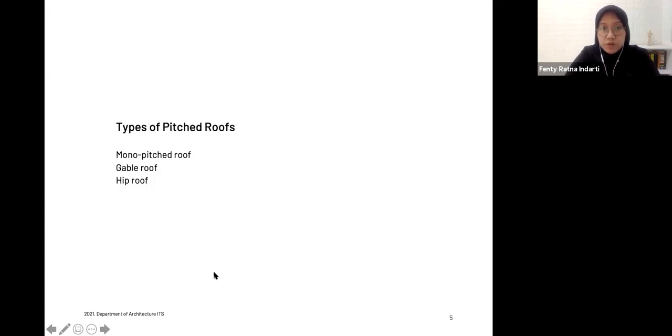First is mono pitch roof, and then the second is gable roof, and then the third one is hip roof. This all is related to the roof that is pitched, or having a different angle between the horizontal and the roof itself. So these three are the basic ones, and then I will show you several modifications or developments based on these three fundamental roofs.